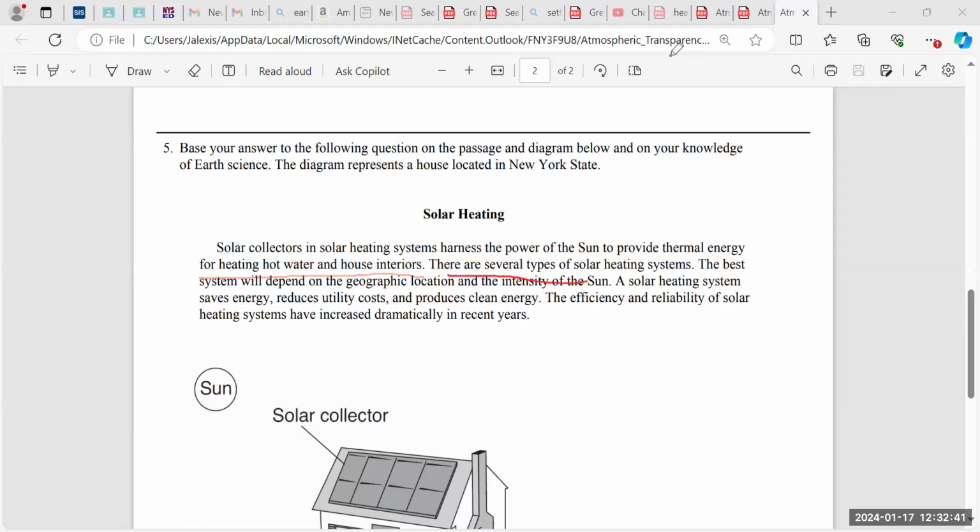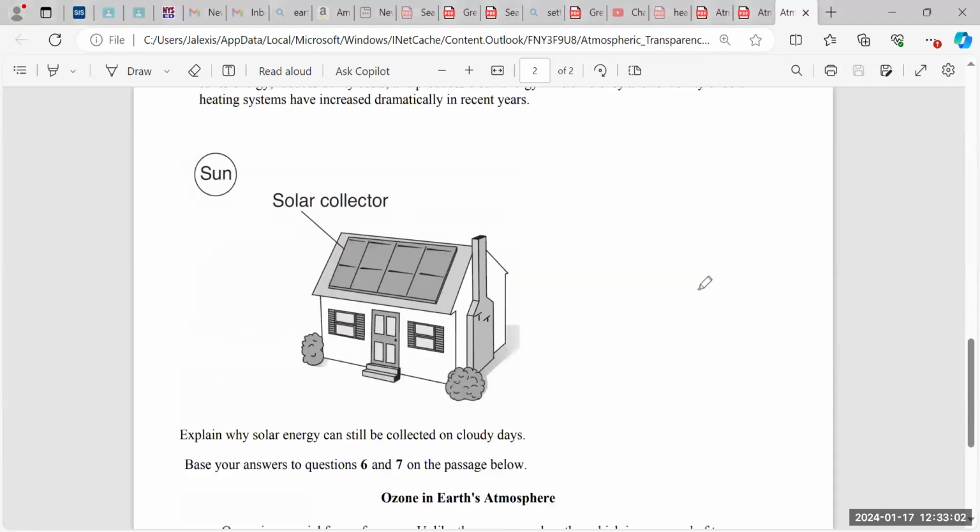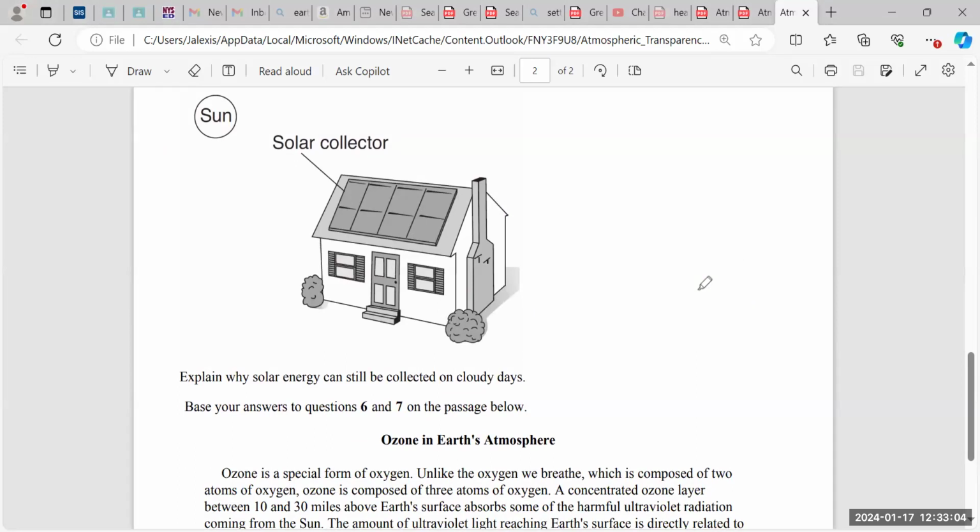There are several types of solar heating systems. The best system will depend on the geographic location and the intensity of the sun. A solar heating system saves energy, reduces utility costs, and produces clean energy. The efficiency and reliability of solar heating systems have increased dramatically in recent years. And they give us a diagram of a solar collector on a house.